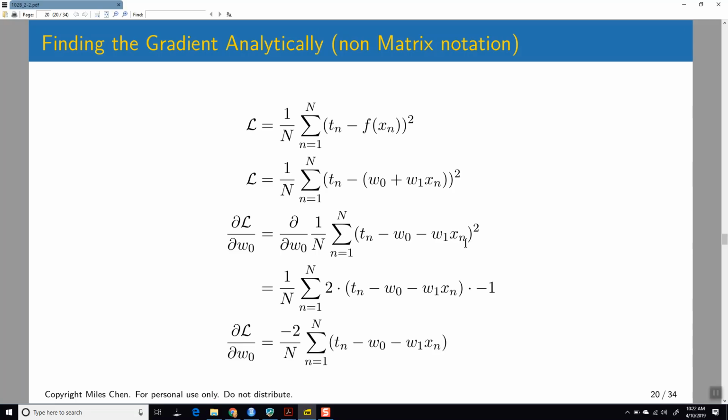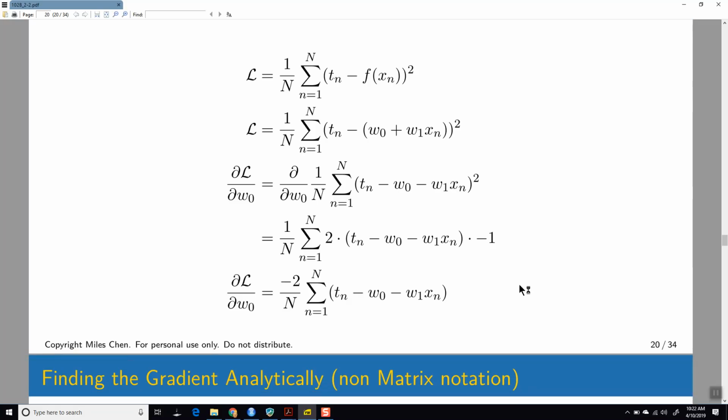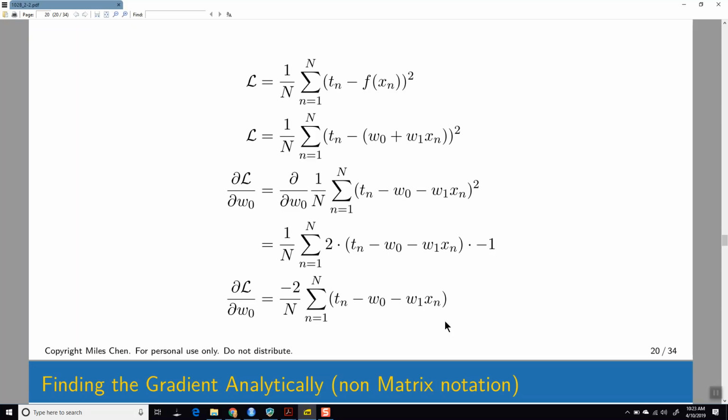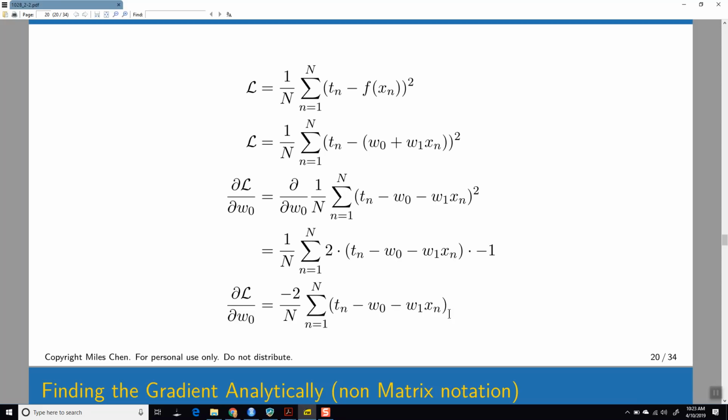Then taking the partial derivative with respect to W0, we bring the 2 down, and apply chain rule, which is just the -1 sign. And so we get the partial derivative with respect to W0 is this thing.